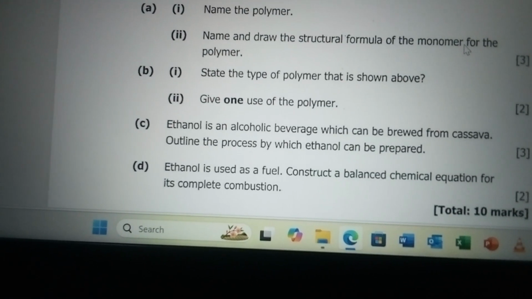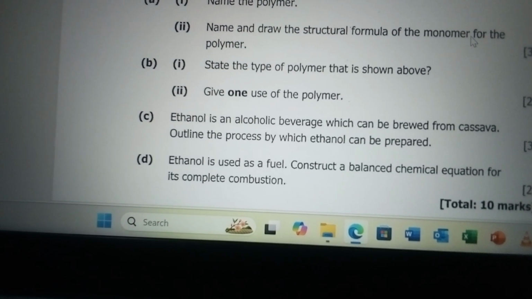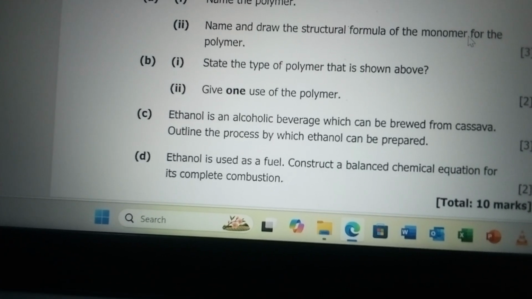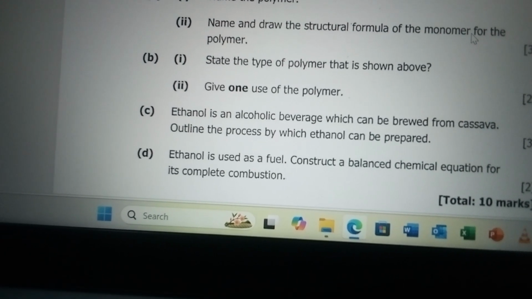They are saying ethanol is used as a fuel. Construct the balanced chemical equation for its complete combustion.